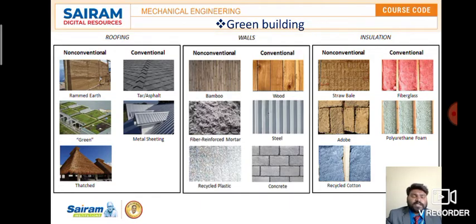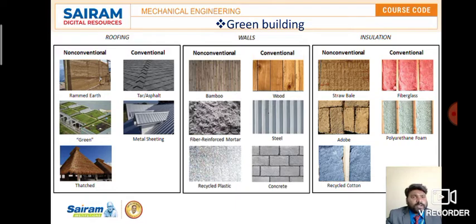The conventional method is tar, asphalt and metal sheeting. Instead of that, roofing can be done in a non-conventional method like rammed earth or green roofs, like the buildings I have shown over there, or thatched. So these are the roofing options that we can use.